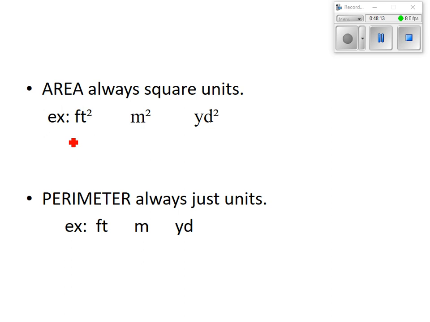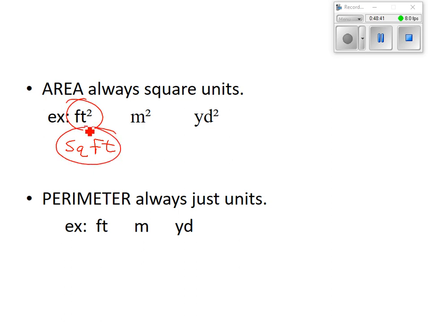For perimeter, you just add, and that's what's on the next slide. So area, always square units, and if you wanted to write it, maybe Mason doesn't like the little 2, so if he wanted to write SQ feet, means the same thing. Square feet.